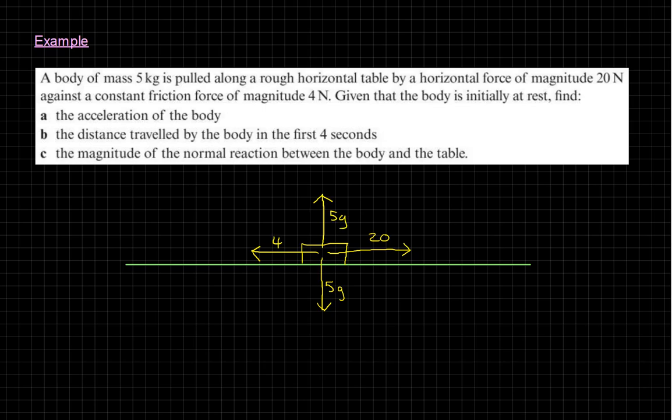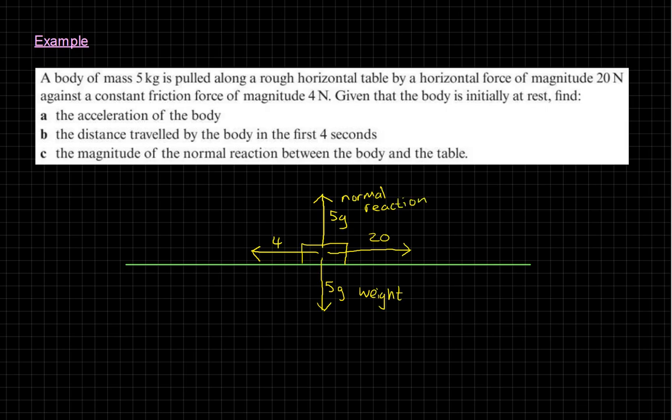Okay, in fact, let's just label all these forces briefly before we continue the question. So that 5g, that's the weight. This 5g going up, this is the normal reaction. And in fact, we've basically just answered part C there.